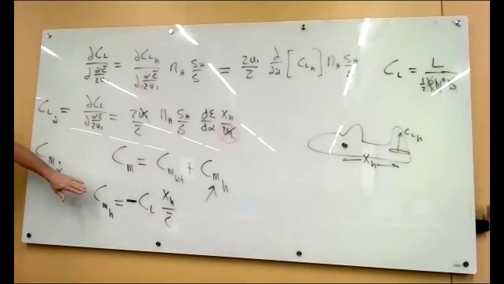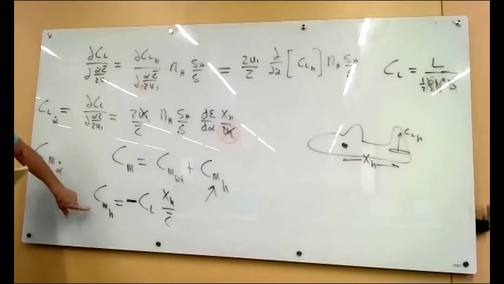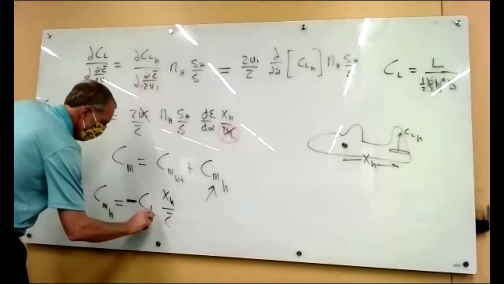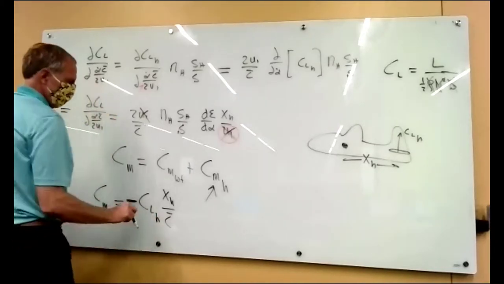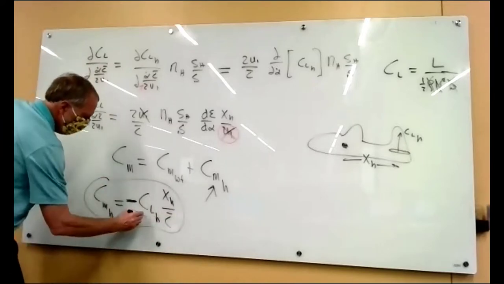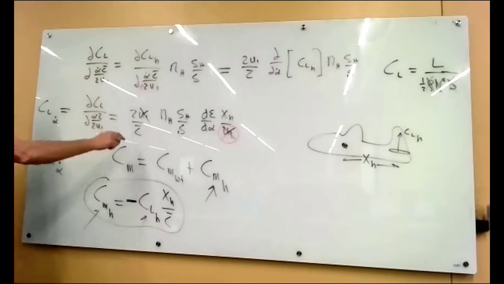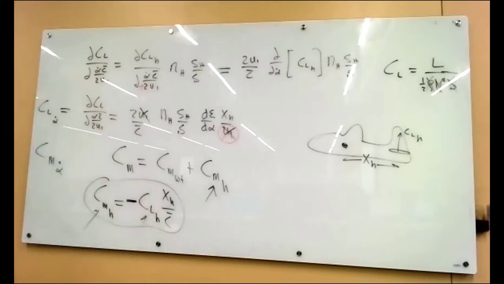Because the derivative of this is, sorry, this should be CLH. And we've already done the derivative of this thing with respect to alpha dot. So all we have to do is take this formula and multiply this, and we're good.